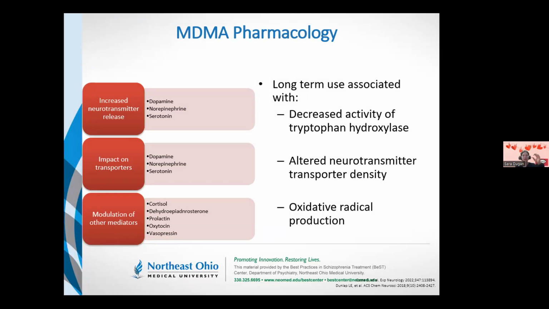So within your neurons, the cells in your brain, you have these little, they're almost like bubbles that contain your neurotransmitters. So the neurotransmitters are what help all of the cells in your brain communicate with each other. They're supposed to be in there. They're protected from all of the other things that are going on inside your brain cells.